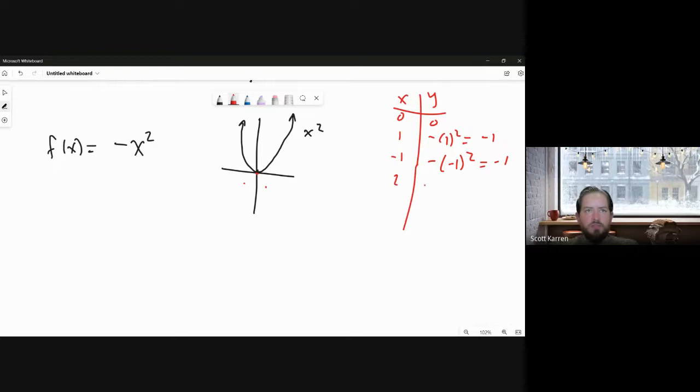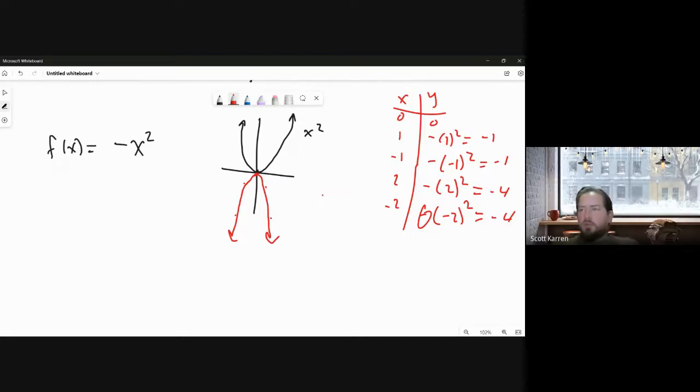Plug in 2, then I get negative 2 squared, which is negative 4. If I plug in negative 2, I get the opposite of negative 2 squared, which is still negative 4, because negative 2 squared is 4, and then this negative out here turns it back negative. And so I get these, and I get that parabola-looking thing. God, I'm bad at drawing.